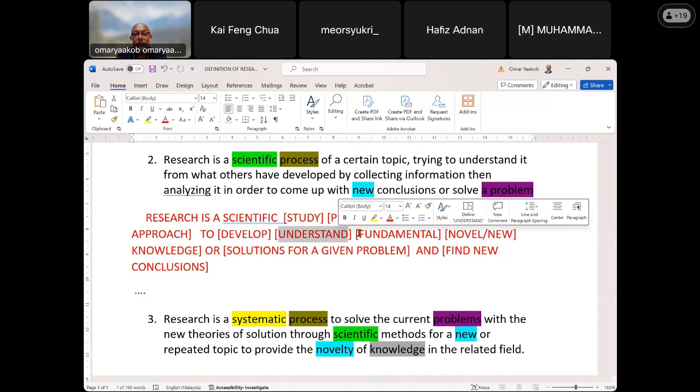So as you said just now, for the result, maybe "develop" is more appropriate for the definition, because after finishing the research, we get something new, to develop the knowledge. So I think the word "develop" is more appropriate for the definition instead of "understand".